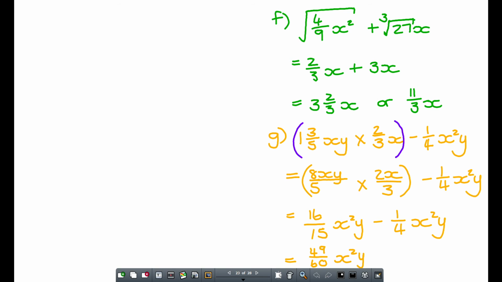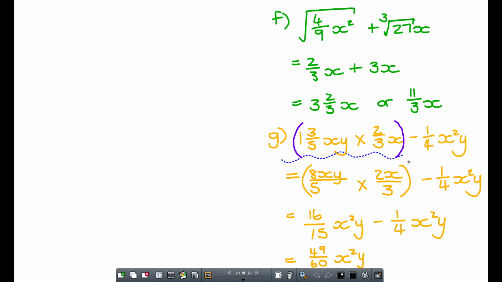Okay. Right, then G. At G, you will see that we had multiplication and subtraction. But according to BODMAS, what's more important? The multiplication. So that's why I put these blue brackets around, showing that this part I've got to do first. Okay.